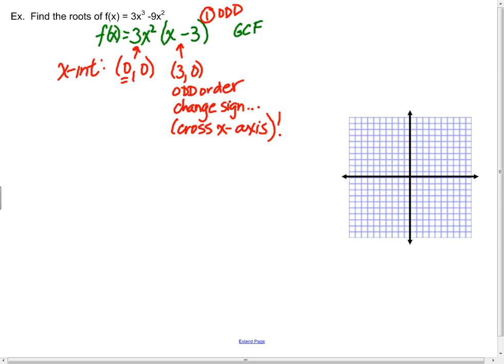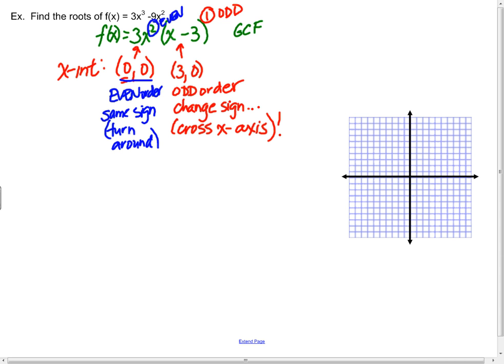For the other x-intercept, the 0, with power 2, it has even order. So that means it's going to have the same sign on both sides of that x-intercept, which means it's going to turn around or bounce at that x-intercept.